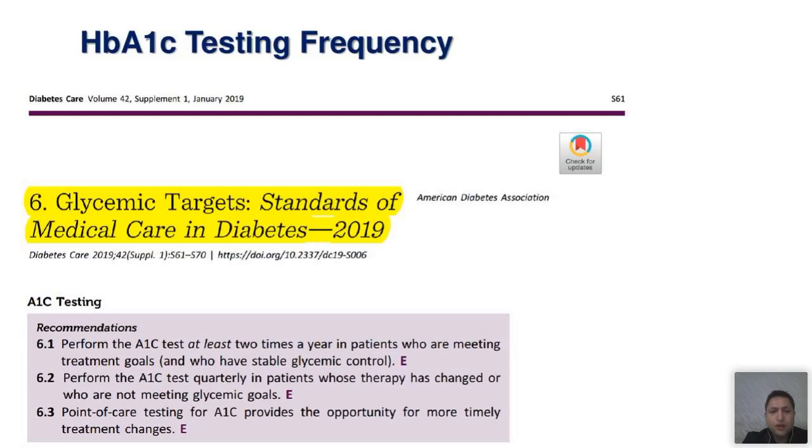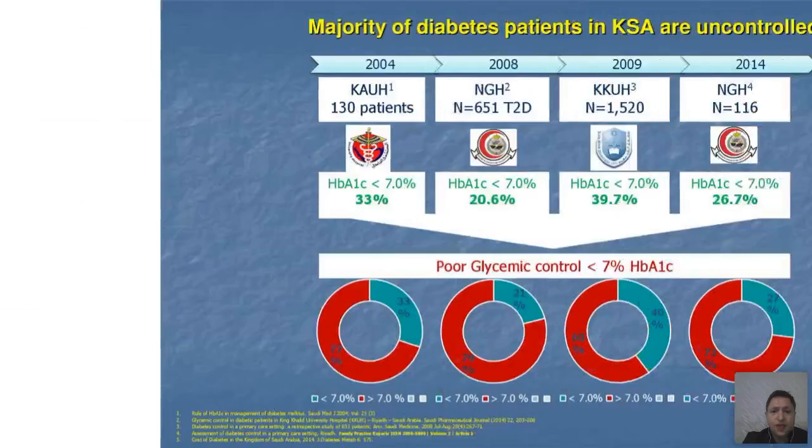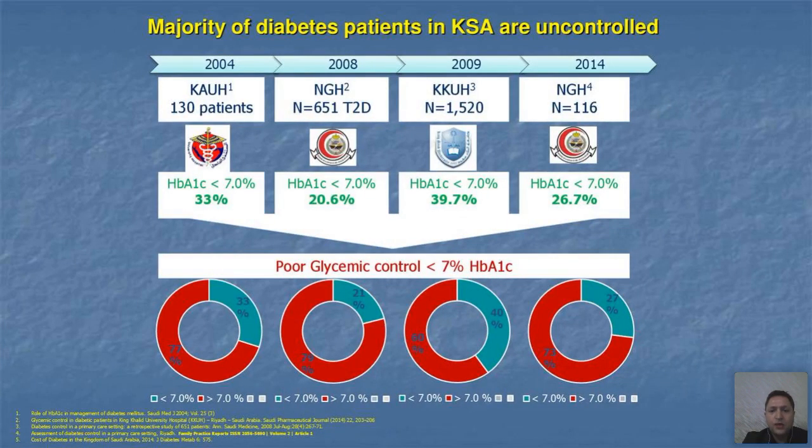Even in 2015, they started to stress point of care testing for HbA1c. So in general, on average, HbA1c testing should be done three times a year for patients who are not meeting the glycemic targets. Looking at the situation of our patients, these slides have been tracked from recent national and local studies.